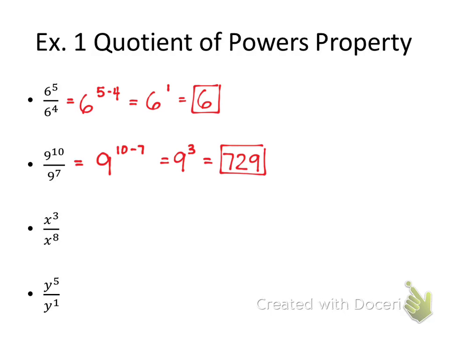I do not want you to go back and see that this is the original problem and say, okay, 9 to the 10th power is this number right here, which is 3,486,784,401, and you're going to say, okay, I'm going to divide that by 9 to the 7th power, and I get 4,782,969, and then you just do the division in your calculator, and you tell me, oh, it's 729.